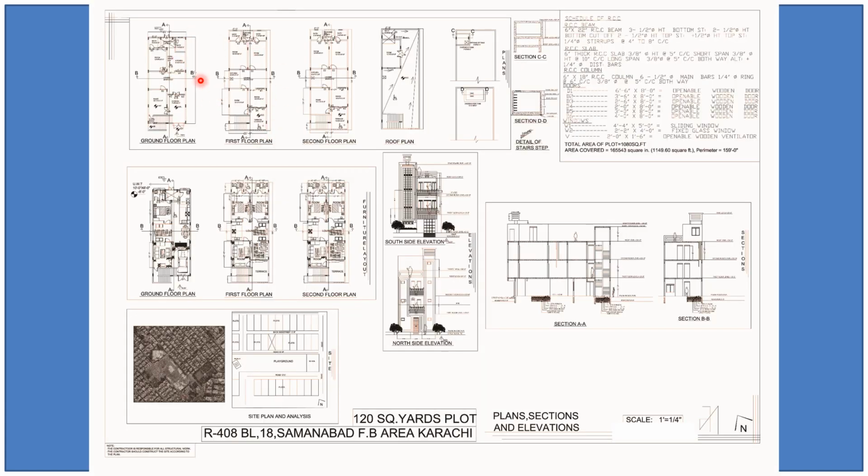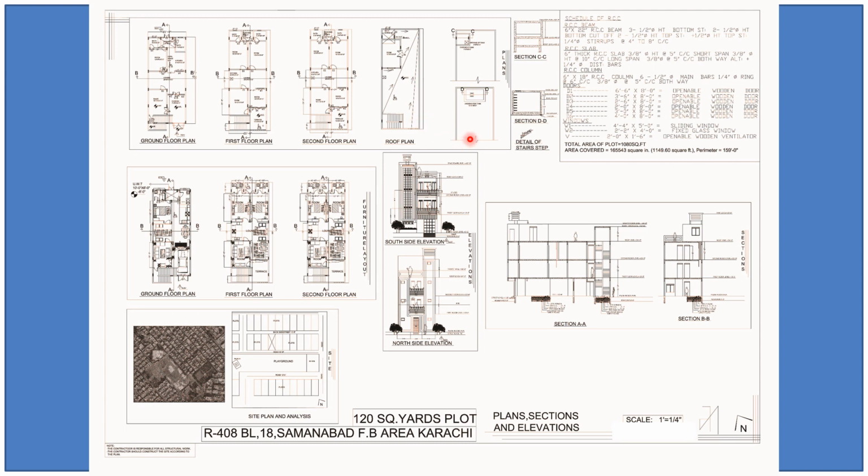Here are the plans. In this building there are a ground floor, first floor, second floor, and the roof. You can say it is a 3-story building. Here is the ground floor plan, first floor plan, second floor plan, roof plan.